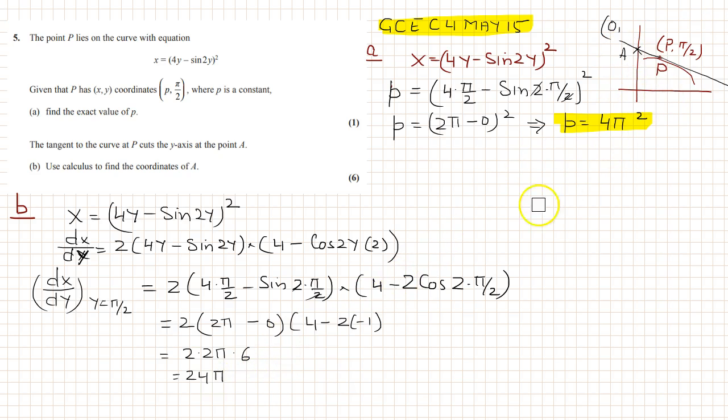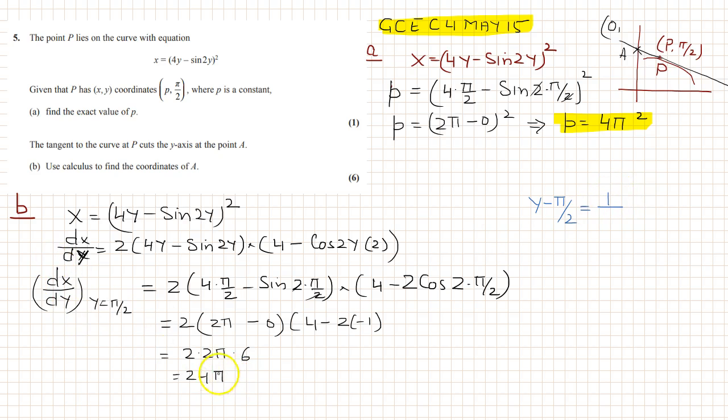So the equation of tangent, if we have to find the coordinate of A, we have to find this and put x is equal to 0. So equation of tangent is y minus y1, that is pi over 2, is equal to dy over dx.